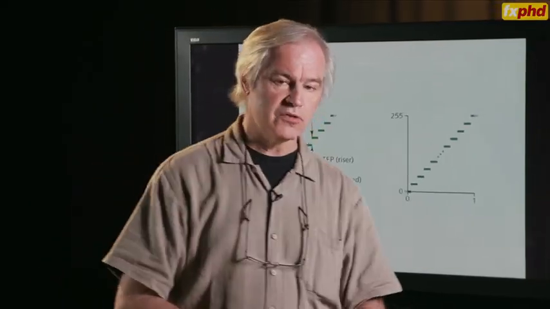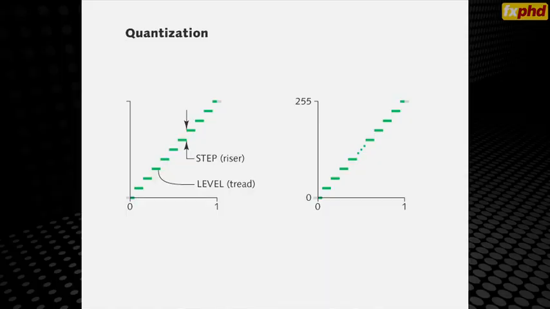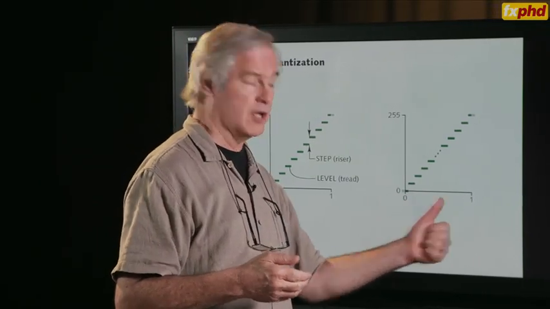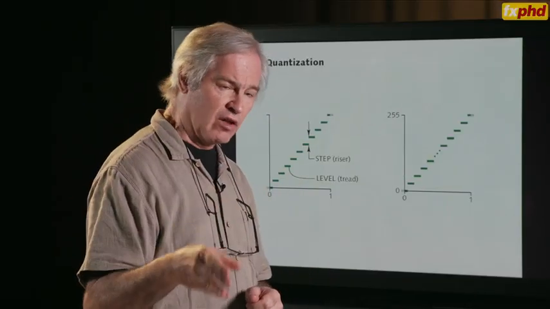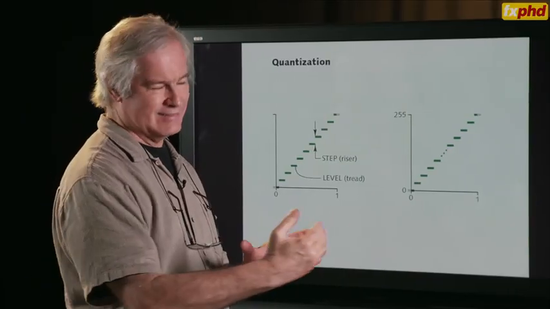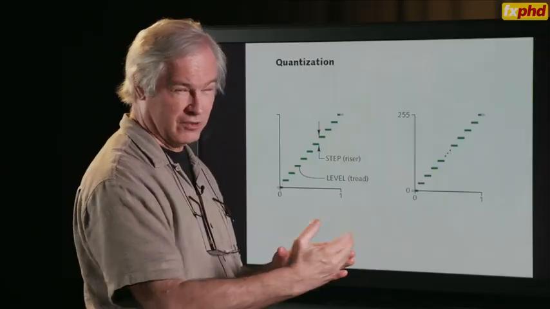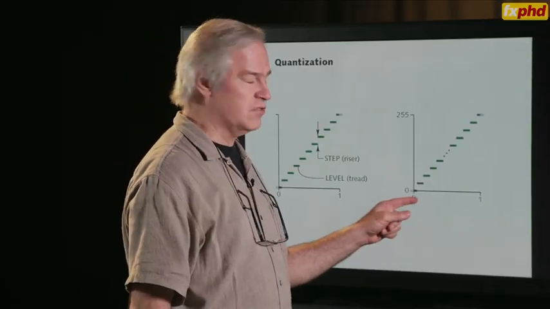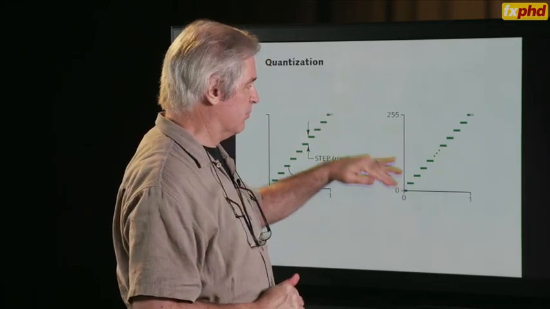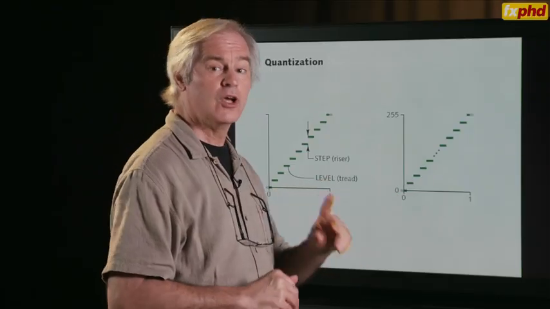So the concept behind quantization is to take a continuous set of values, and here I'll map them just from 0 to 1, but in effect 12-bit linear light or 14-bit linear light can be considered to be, in practical terms, continuous. And quantization takes that continuous set of values and maps it into a discrete number of integers, usually drawn in a straight line.